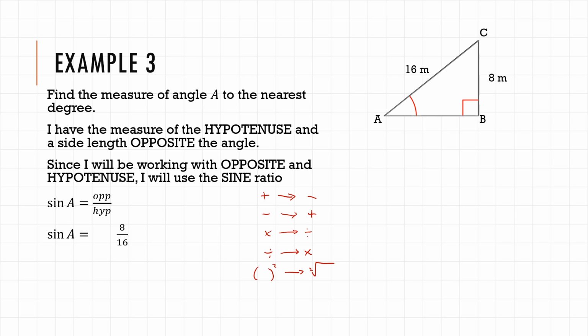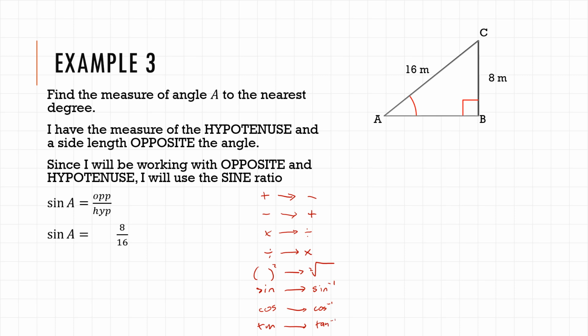But what is the opposite of sine? Well, it is, like we mentioned in summary, the sine inverse. And the opposite of cosine is the cosine inverse. And finally, for tan, it's the tan inverse.